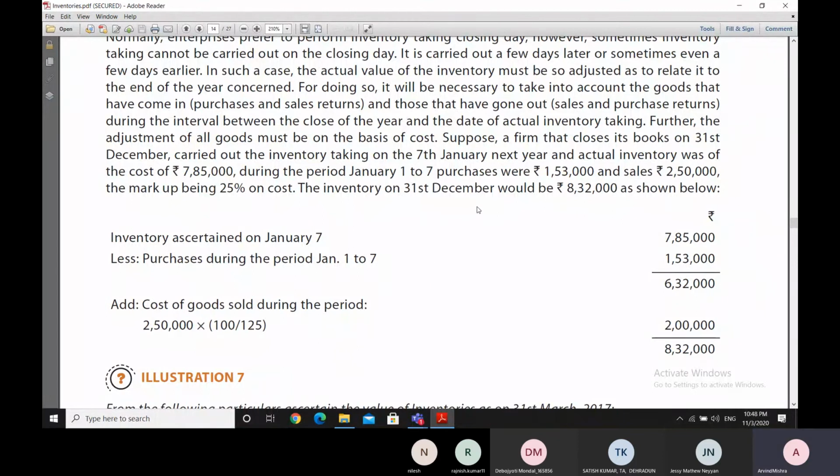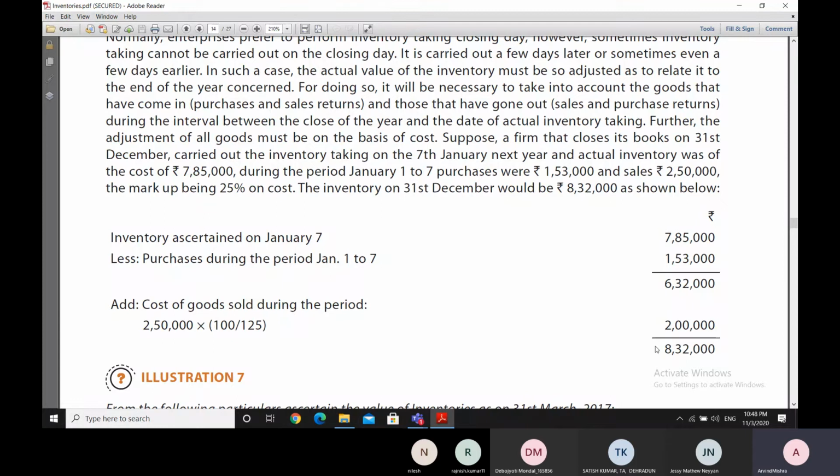As the goods sold are 2,50,000, we adjust by the 25% markup. So we take 100 upon 125, or 100 upon 100 plus 25, of 2,50,000. Therefore this is the cost of the goods which were sold during the period of January 1 to January 7.